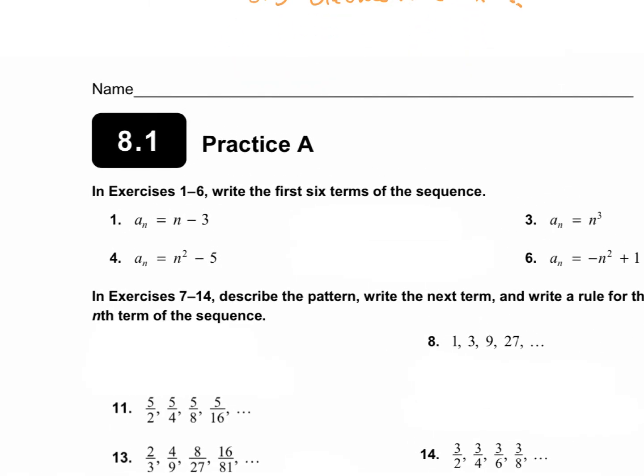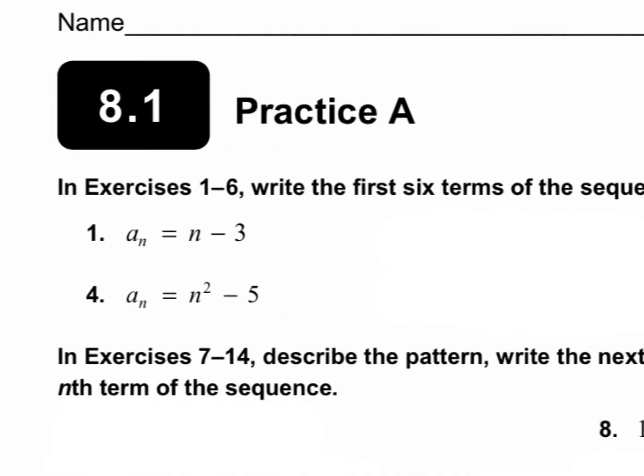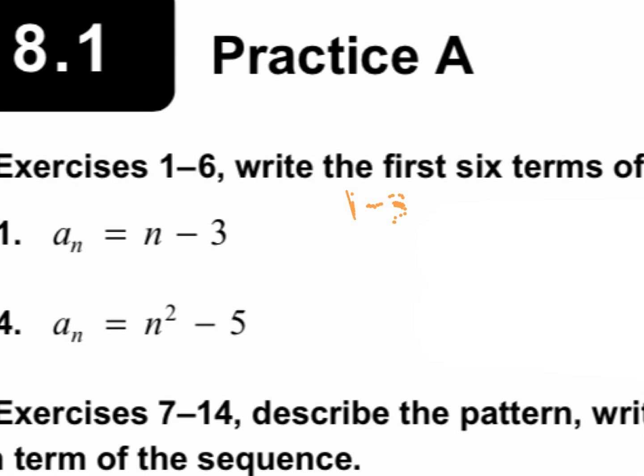So write the first 6 terms of the sequence. For 1 and 3, because we're just going to do the odd ones in this video, we just plug in 1 through 6. So we have 1 minus 3. My pencil works so well all day today until right now. So 1 minus 3, that would be -2.